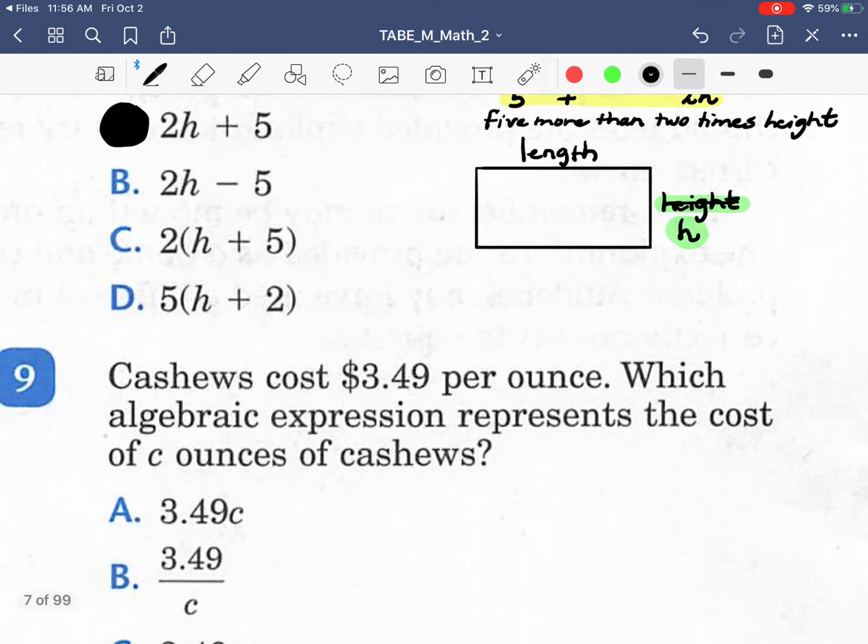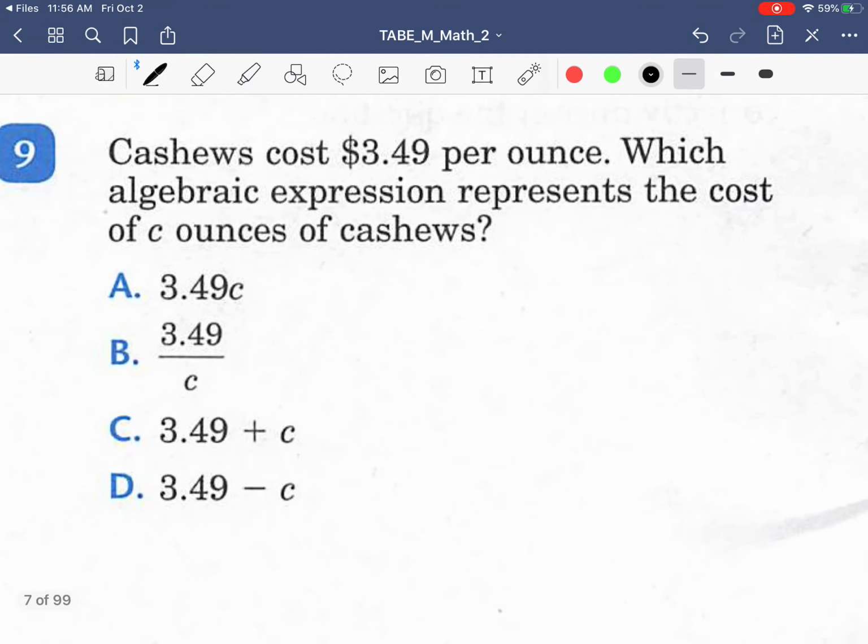Number 9. Cashews cost $3.49 per ounce. Which algebraic expression represents the cost of C ounces of cashews? So the cost is going to be $3.49 per ounce.